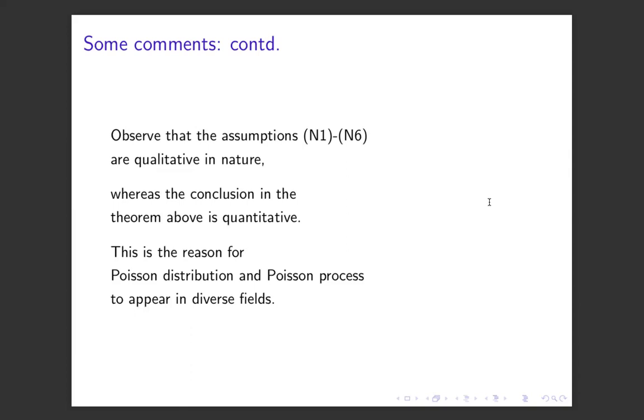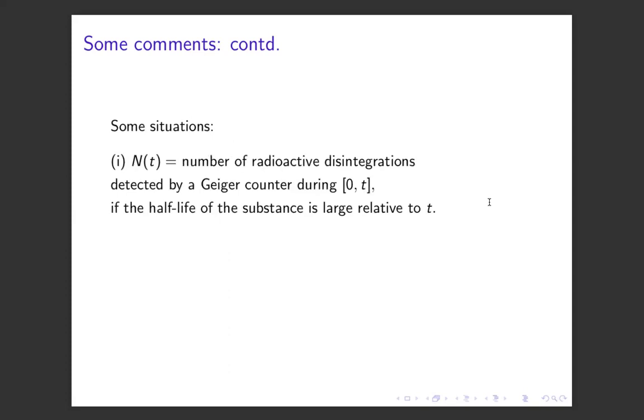Some of the places where this occurs: this is a very famous experiment due to Rutherford, more than 100 years back. Say NT is the number of radioactive disintegrations detected by a Geiger-Müller counter during 0 to T. There it is observed that that number follows a Poisson distribution.